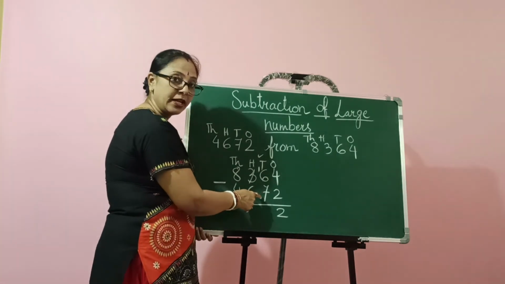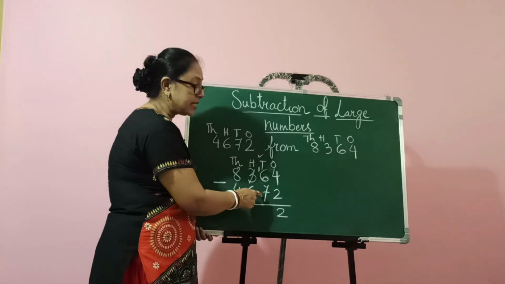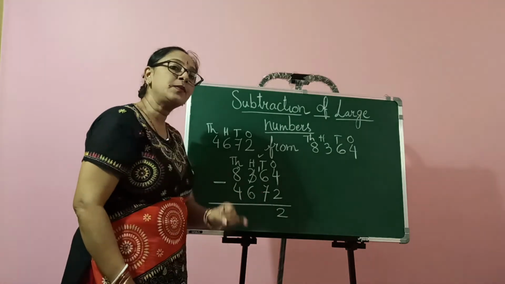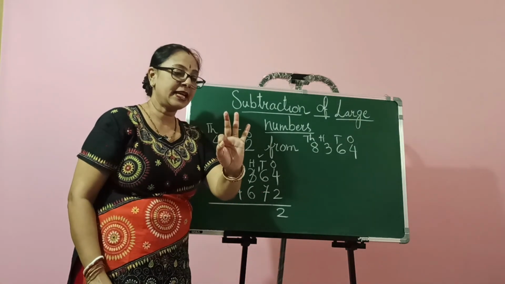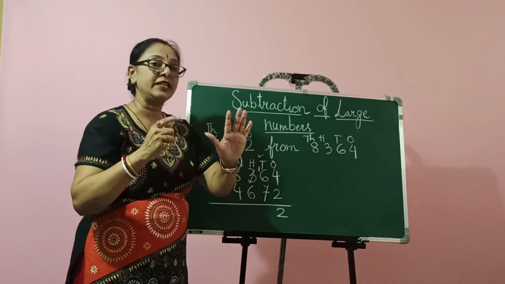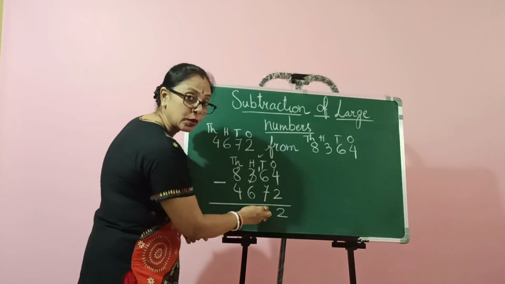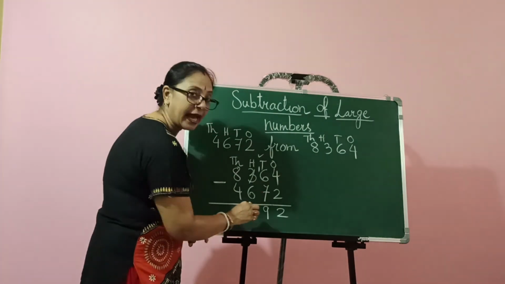We start counting from the number which comes just after the smaller number, that is 7. After 7 comes 8, 9, 10, 11, 12, 13, 14, 15 and 16, that is we get 9. So 9 counts, we write 9 here.